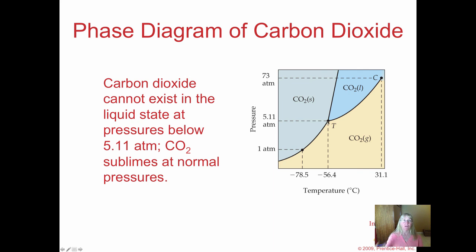So if you feel the pressure that's on your sinuses in your head right now, you would have to increase that by 5 times to be squeezing hard enough on CO2 molecules to get them to crowd in together and behave as if they were a liquid. So that explains why carbon dioxide can't exist as a liquid if the pressure is anything below 5.11 atmospheres.